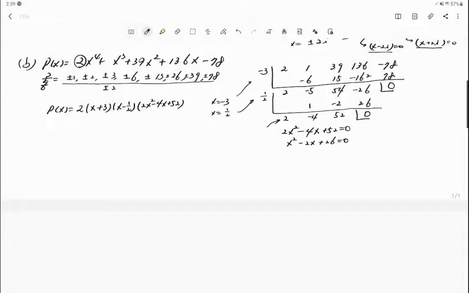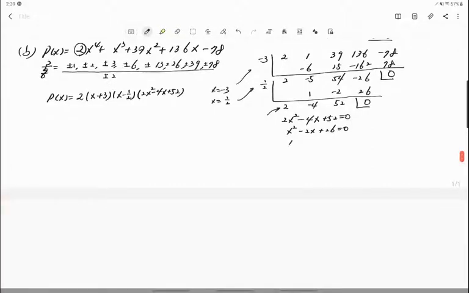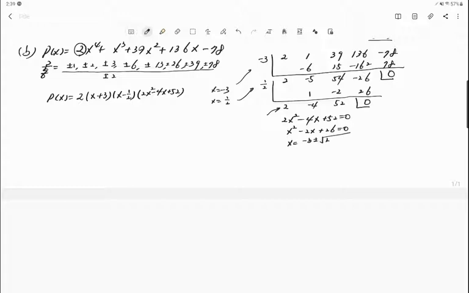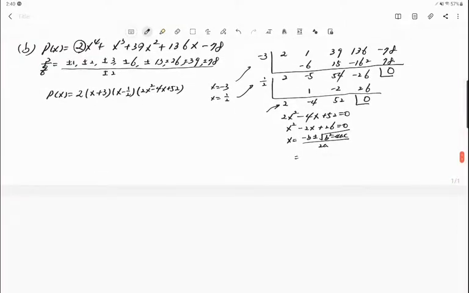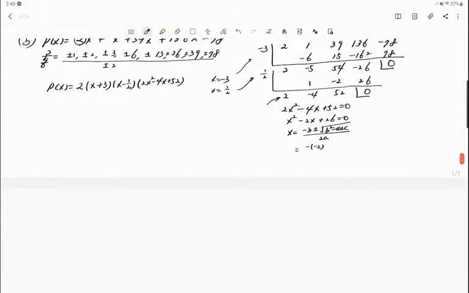So from this, we cannot factor this over the integers. So we can use the quadratic formula. What's the quadratic formula? Negative b plus or minus square root of b squared minus 4ac. Do you remember? Over 2a. So negative b, so negative times negative 2, plus or minus square root of b squared, negative 2 squared minus 4ac is 26, over 2a.